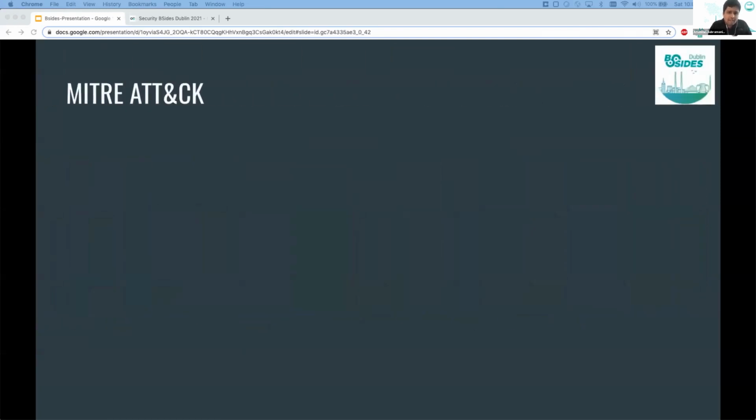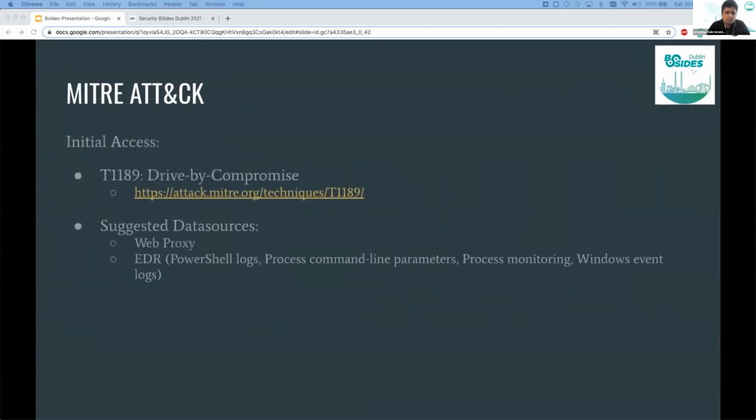From the MITRE ATT&CK perspective, the specific techniques that we spoke about to deliver drive-by downloads have been focused on the initial access phase of the MITRE ATT&CK corporate attack matrix. There could be a specific sub-technique defined for this specific class of drive-by attacks, but technique T1189, drive-by compromise, does not have any sub-techniques defined on the ATT&CK portal.